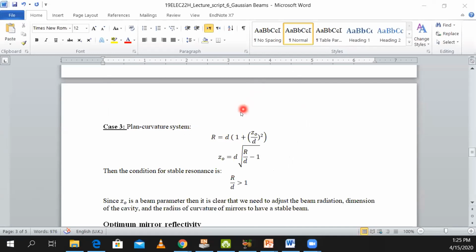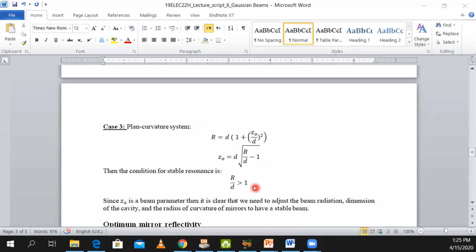So now you have a plane-curvature system: one side is plane and one side is curved. So R, the radius of the curve, is equal to d, the distance, times 1 plus Z node over d, all squared. So Z node equals d times the square root of R over d minus 1. Again, in order to make your system stable, you have to make Z node a real value, so you should have R over d greater than 1.